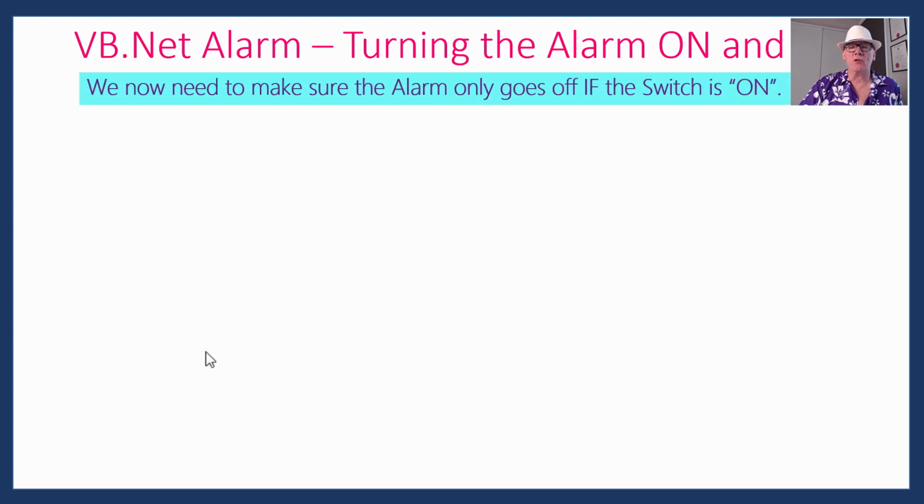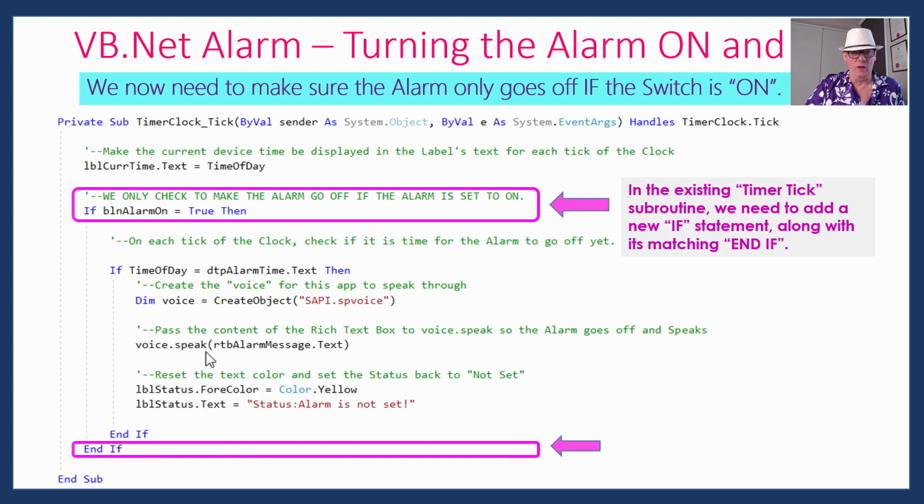All right, so we need to make sure that alarm only goes if the switch is on. So we don't want it going off automatically all the time, only if they've clicked that set alarm and BLN alarm on equals true. So where we had that checking of the time of day, if the two times are equal, we need to add a further condition onto that, a further thing which has to happen before this can happen.